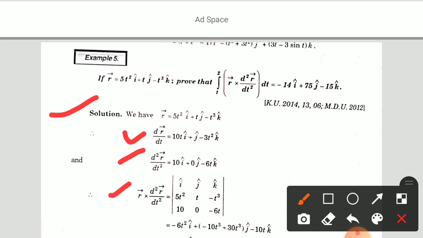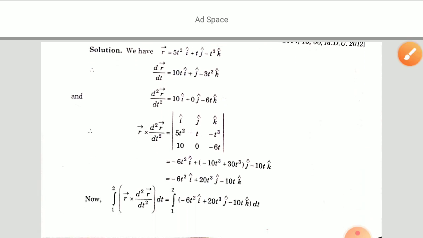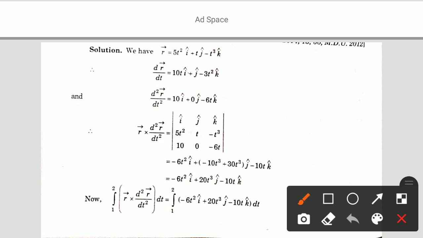Therefore r cross d square r by dt square is equal to the determinant of i j k, 5t square t minus t cube, 10 0 minus 6t. Solving this determinant, the value is minus 6t square i plus 20t cube j minus 10t k.